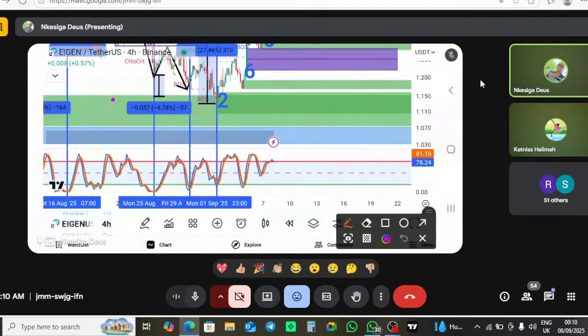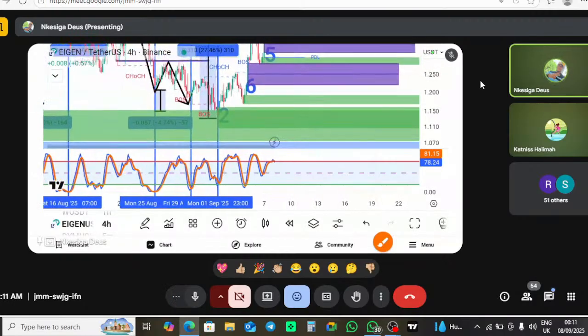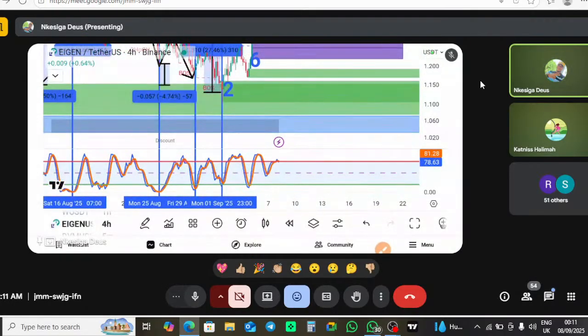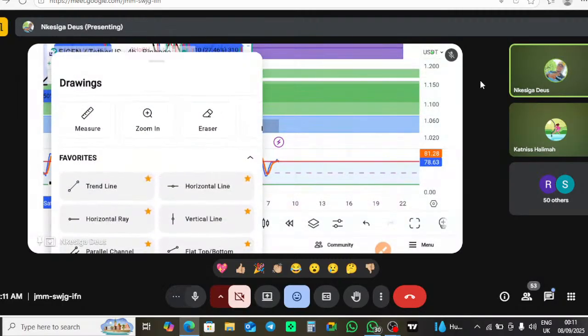This was the block, but inside it at number 2 we have another block. That means the number 6 was coming back to test this block which is inside. That is the reason why yesterday we said that we could trade at number 6, because the point is nearby the block.